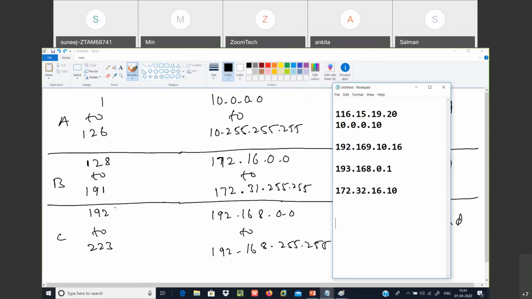Any use of having these private IPs within the LAN? For security reasons, we generally use private IP. Can't we use public IPs as private IPs within a LAN? We can use a public IP in the LAN also, but we can't use the internet.